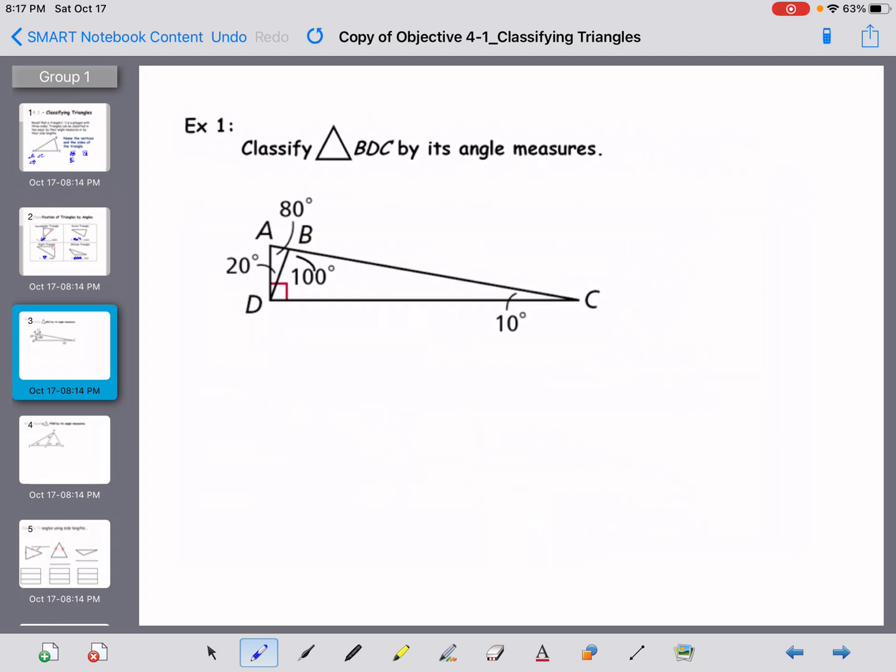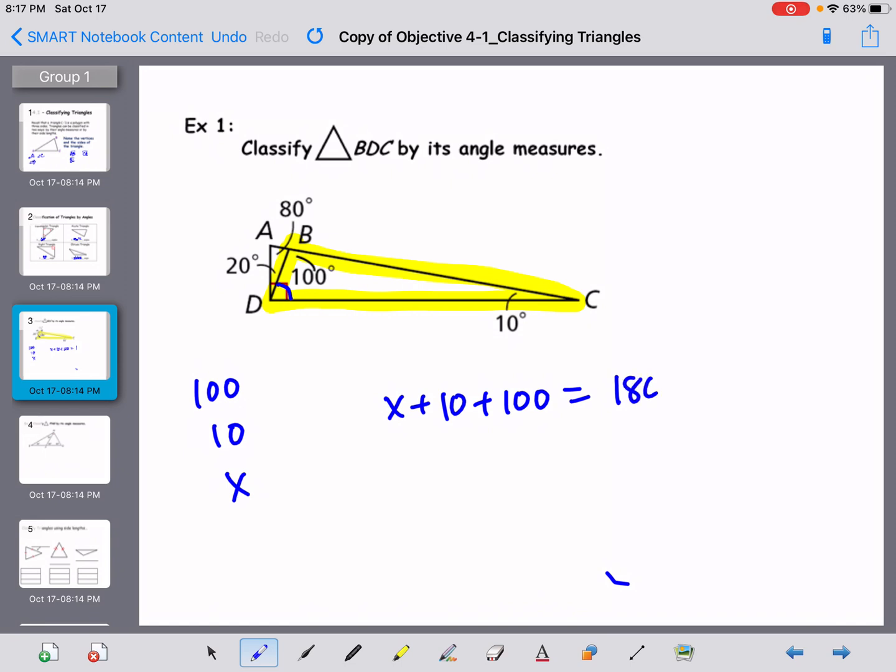So here's how we would solve some of these problems. We want to look at triangle BDC. All right. We have 3 angles in a triangle. We have 100 degrees, we have a 10 degree, and then we have this little piece right there that we don't exactly know what that measurement is, so we could call it X. And basically, if we add those 3 angles together, they're going to equal 180 degrees.